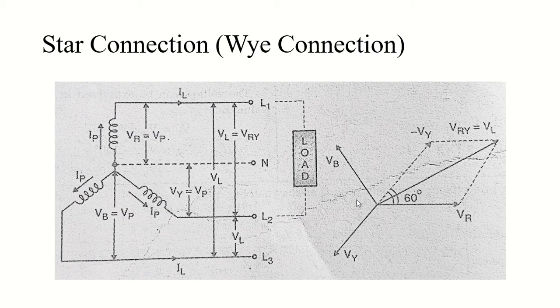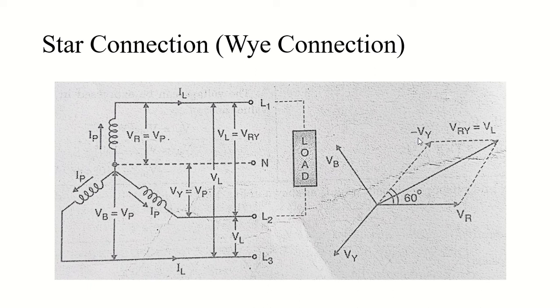If I want to find the line voltage from this phasor, what do I do? We already have the reference here, VR, over here. Then with VY, we stretch it in the negative side. So this vector, shown by a dashed line, will be called minus VY, because we stretched it out in the negative side.